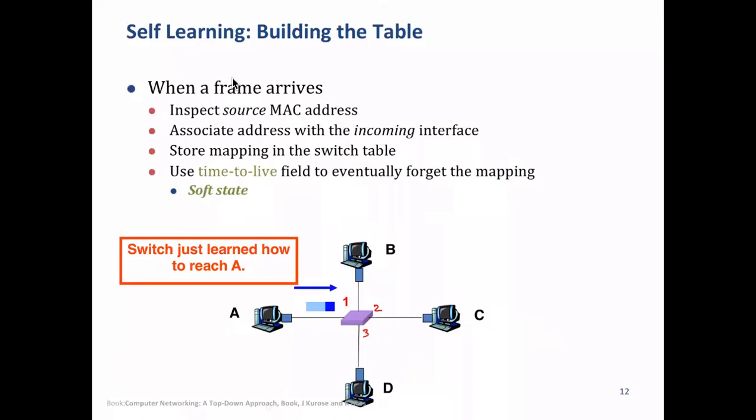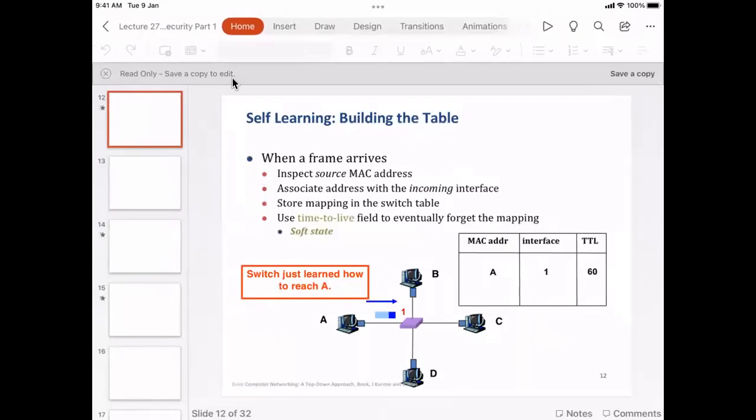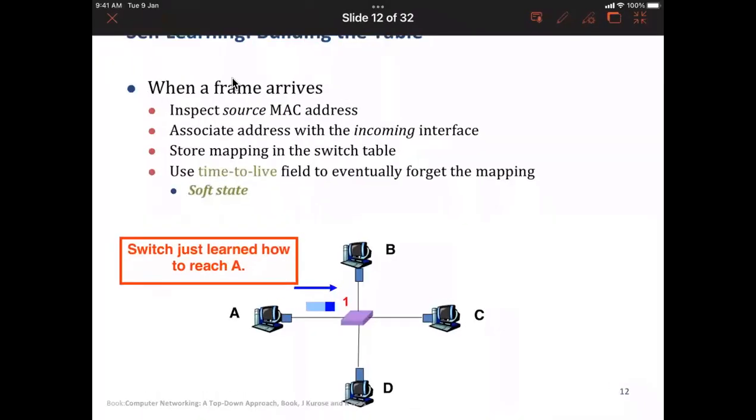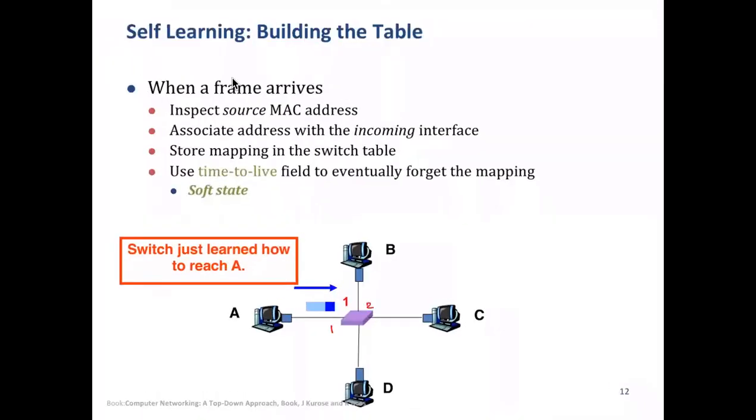Okay, just a minute, I missed. So this is port number 1, this is port number 2, port number 3, and port number 4. Now A has sent a frame for C. The switch will know that the frame has come from A and it has come on port 1.